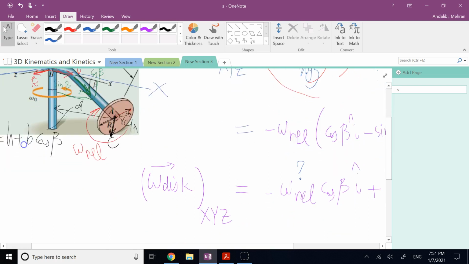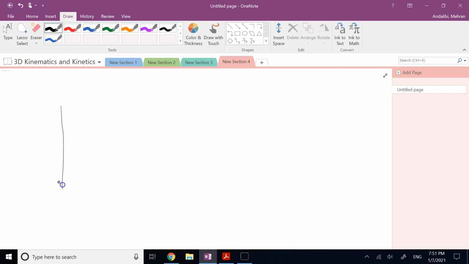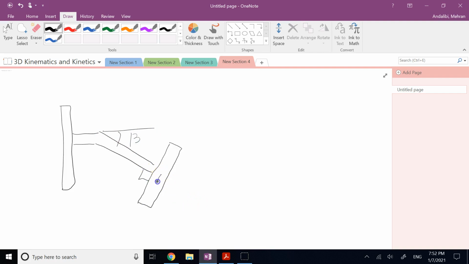How do I find it? Well, if you look at this mechanism along the z-axis, this is how it looks. Okay, and this angle is beta, and this is 90 degrees, and this is this vector.